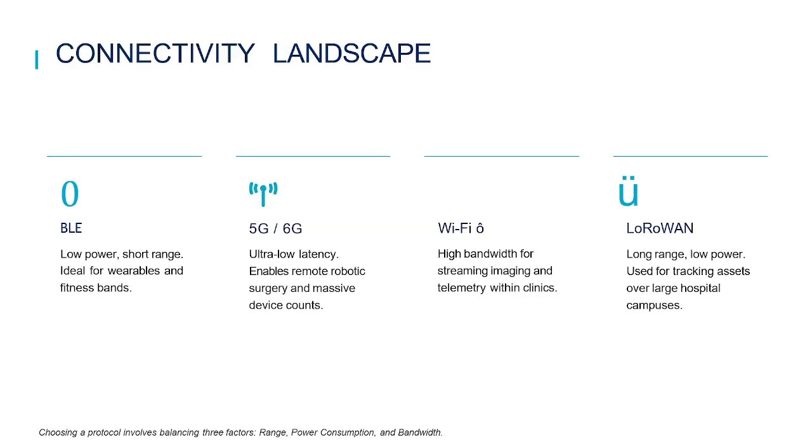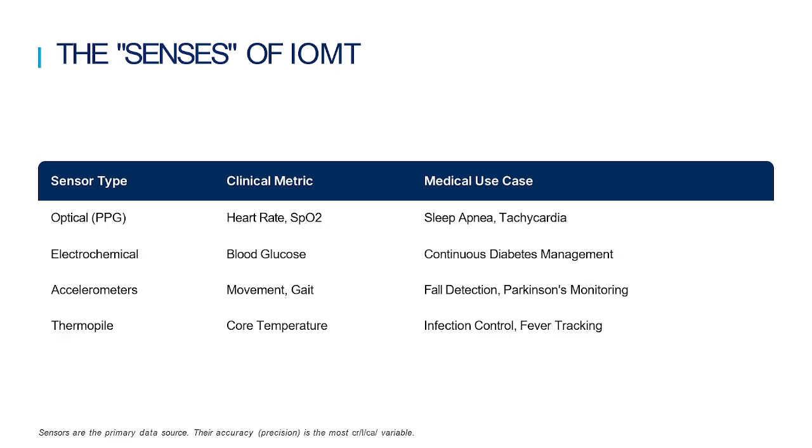So, the senses of the Internet of Medical Things. Sensors are often described as the senses of IoMT systems because they are responsible for collecting data from the patient and environment. Optical sensors such as the photoplethysmography, or PPG, sensor, as you can see in the first one, measure heart rate and blood oxygen level.